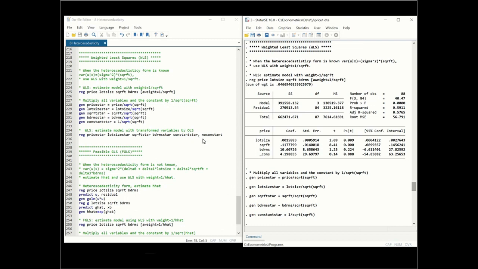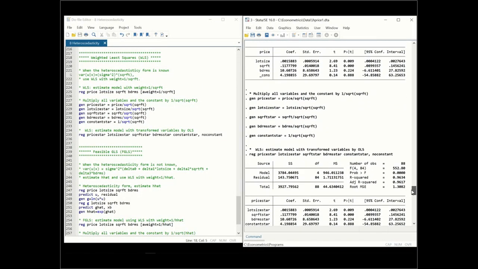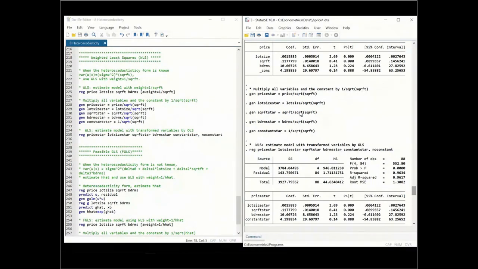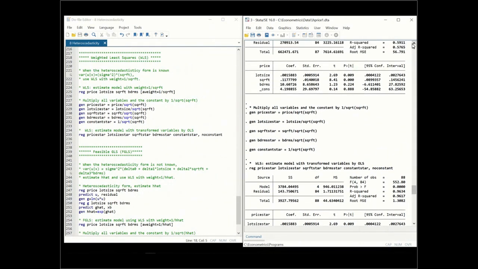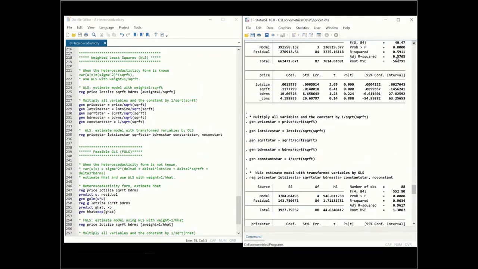And so if we actually run this regression, if you remember these results, we would actually get exactly the same results here. And so look at this. The coefficients are exactly the same, and the standard errors are exactly the same. The only thing that's a bit different is just the R squared between these two models.